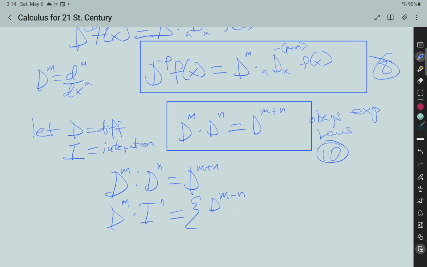So this object will become a derivative if m is bigger than n.